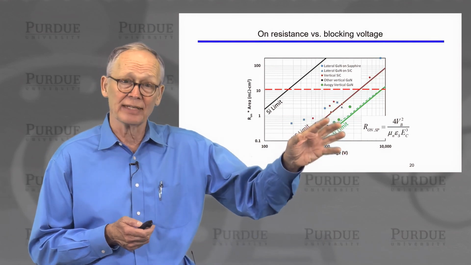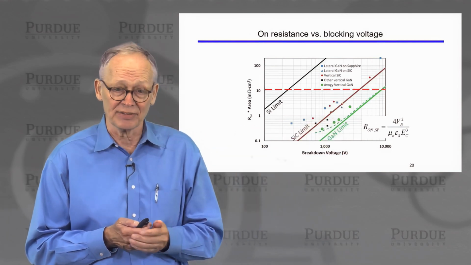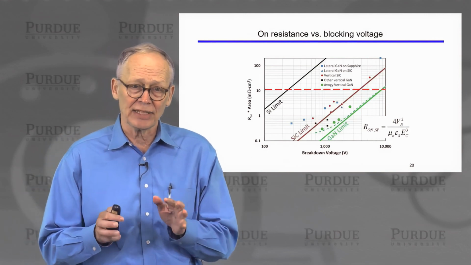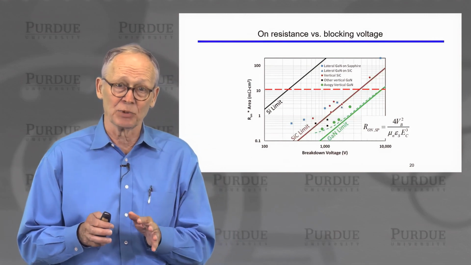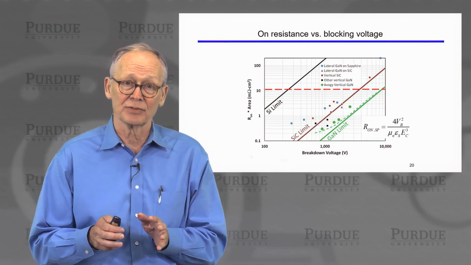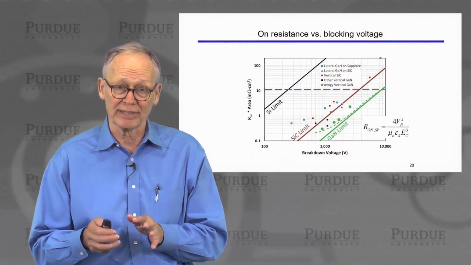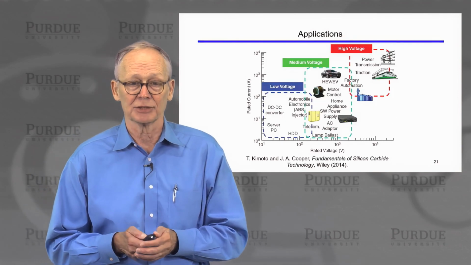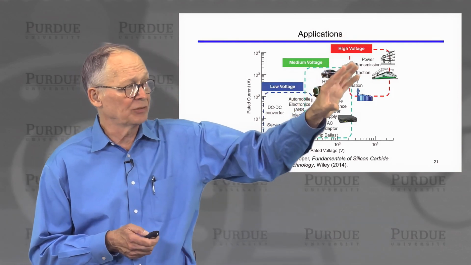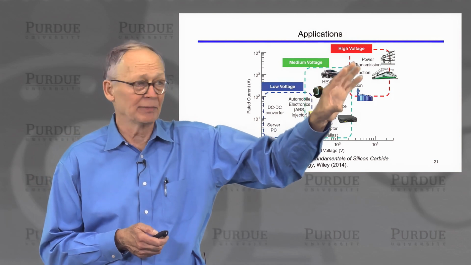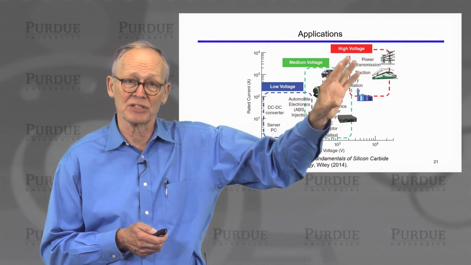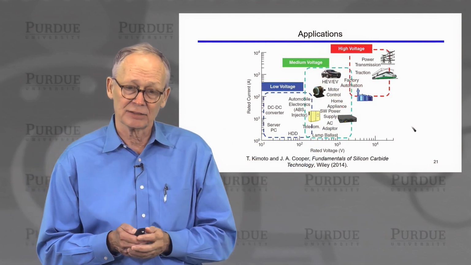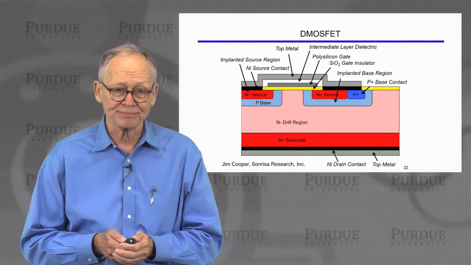And gallium nitride, which has an even higher breakdown field, would give me higher yet breakdown voltages. So there's a lot of interest these days in exploring other semiconductors for these very high voltage applications, wider band gap, higher breakdown semiconductors. Those are of great interest in pushing power semiconductor devices up into this regime of very high voltages, too high in many cases for silicon to accommodate.